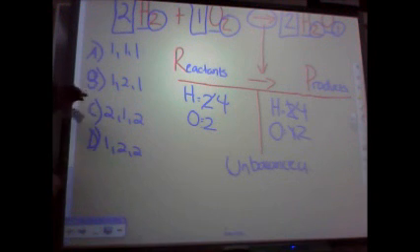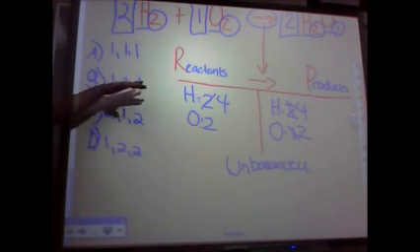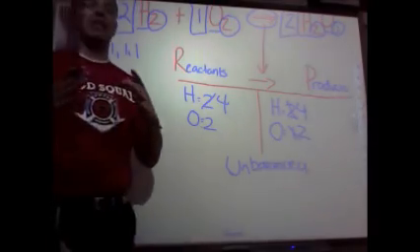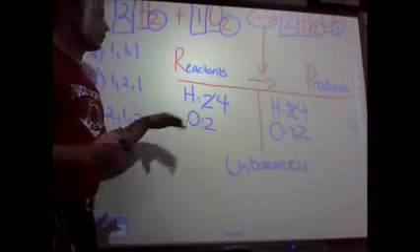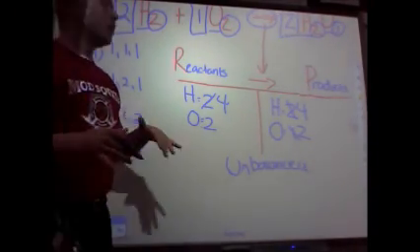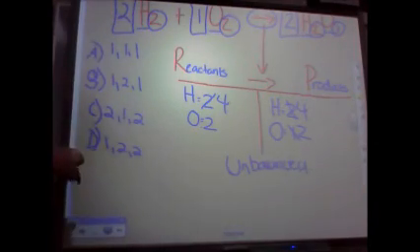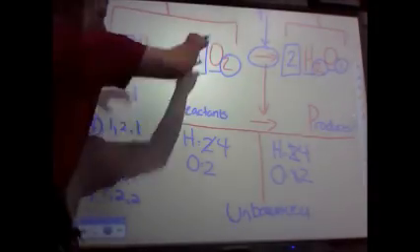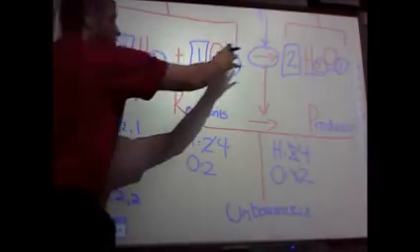So, identifying which set of coefficients would balance the equation? C. Where kids mess up is they get lazy and try to just pick out the one they think it's going to be. What you need to do, as soon as you see this, first, you need to put your coefficient there, then try fitting all the ones in there.